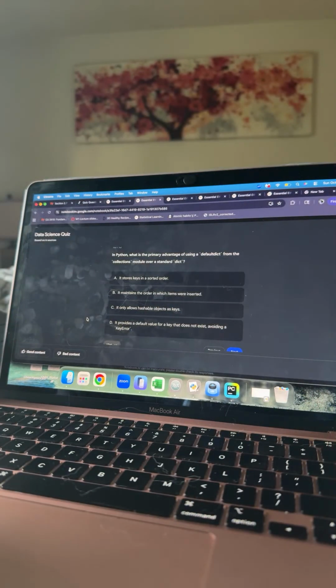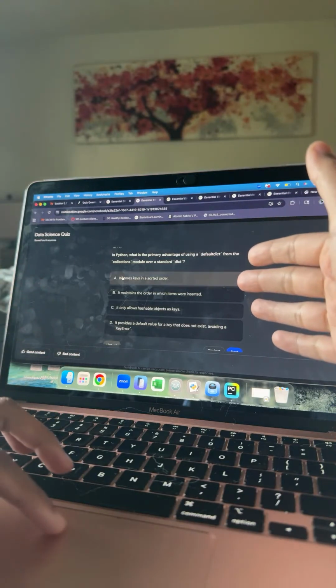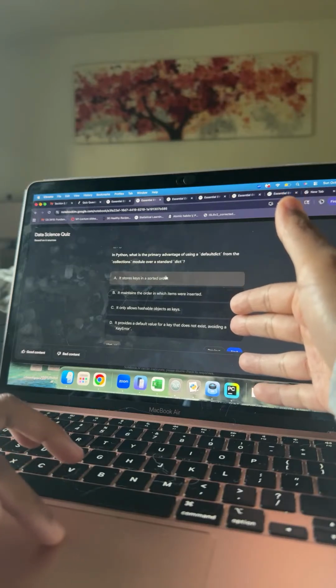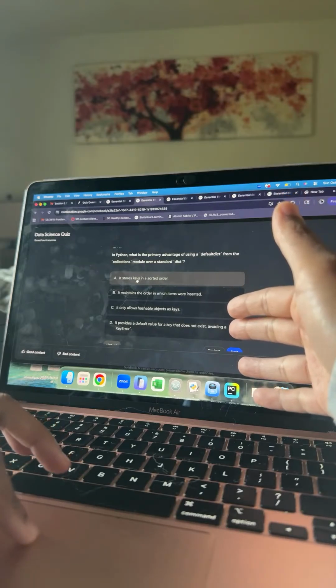Yeah, let's go. In Python, what is the primary advantage of using a default dictionary from the collections module over a standard dictionary? So I think in a default dictionary, it stores keys in sorted order. I don't know about the order, but it does store keys, right?